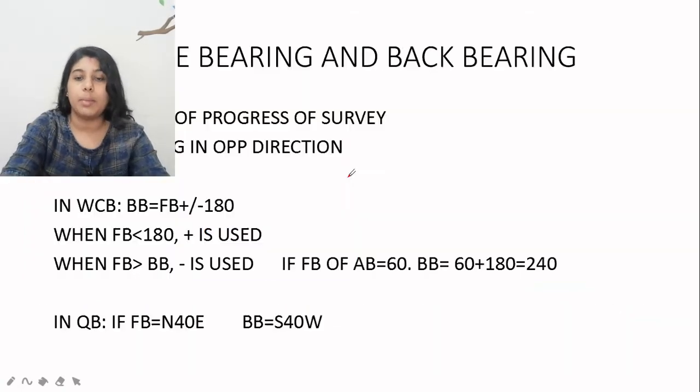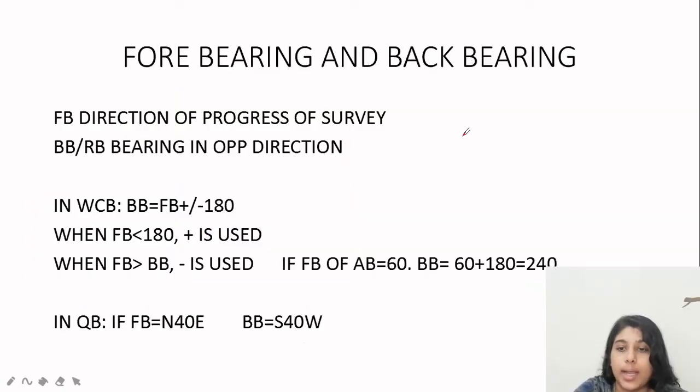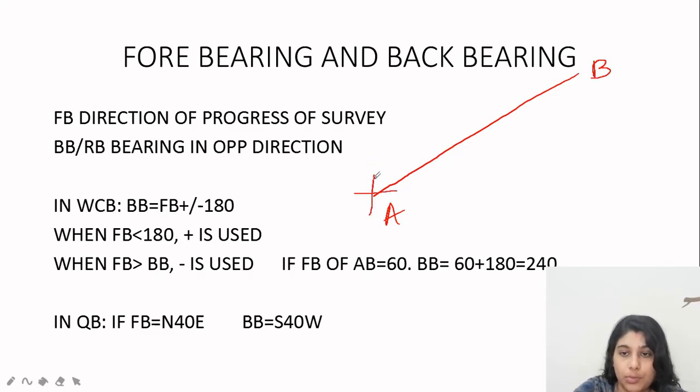Next question, forebearing and back bearing. If this is the survey line, this is my point A and this is B. If I am considering north, south, east, west, from the north I am marking the angle. We studied already what is bearing: from the meridian, which is the standard, to the survey line, the angle is called the bearing.